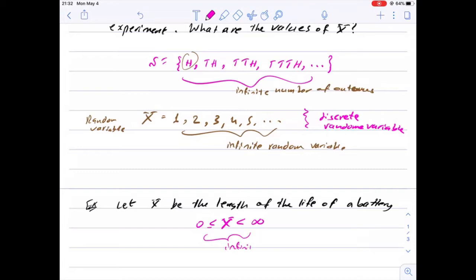So it's infinite, and not only infinite, it's continuous. Continuous because that value can be anything between 0 and infinity, and it can be a fraction, that's okay, or a natural number.